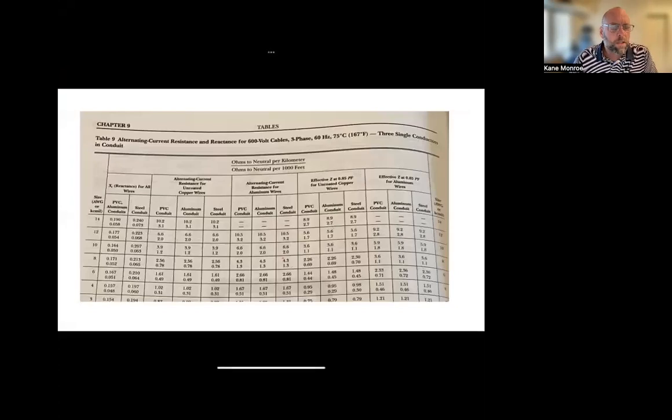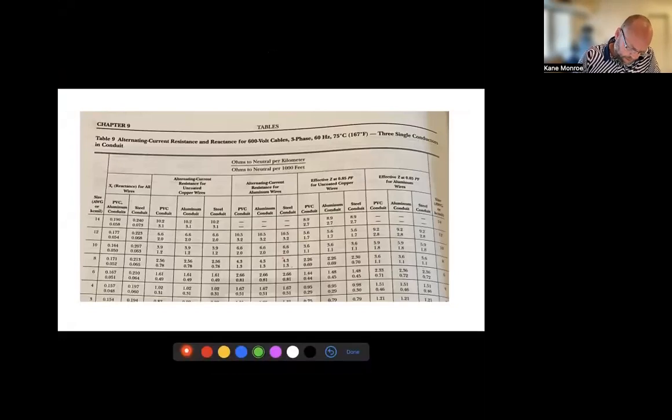It looks something like that. I took a screenshot of it. And what we need to do is, first off, Chapter 9, Table 9. You guys may want to highlight that. It's going to be a few questions out of this.